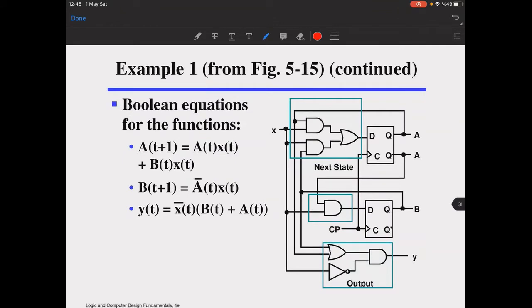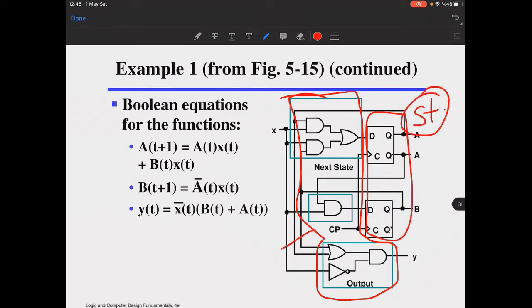As you see, this is the combinational logic input to next state of A, this is the combinational logic input to next state of B, and this is the combinational logic for Y. All this makes up the combinational part of your sequential circuit, and these are your storage elements.